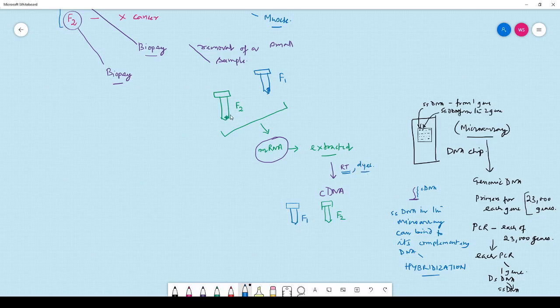So maybe the F1 is blue, let's say blue dye, and here we have green dye. So the cDNA is attached to green dye here, and in F2 the blue dye.